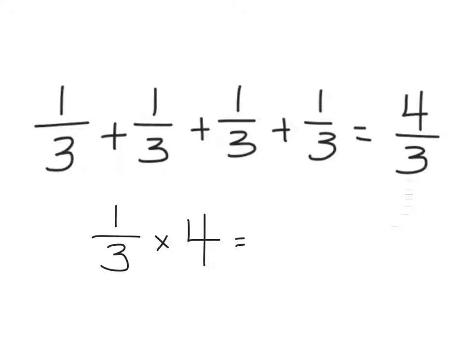If I had 1/3 4 times, that's just saying I'm repeating 1/3 using addition 4 times, and that would produce 4/3. And that's an improper fraction, so you could change that. 3/3 makes 1 whole, and you'd have that extra third left over, making 4/3.